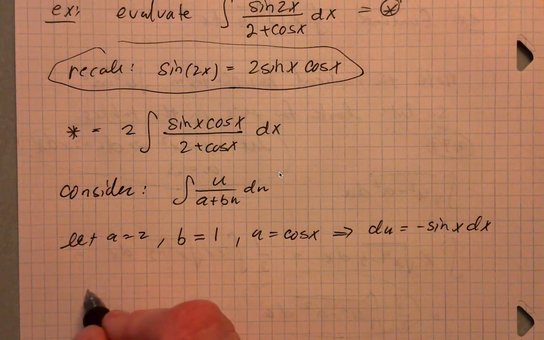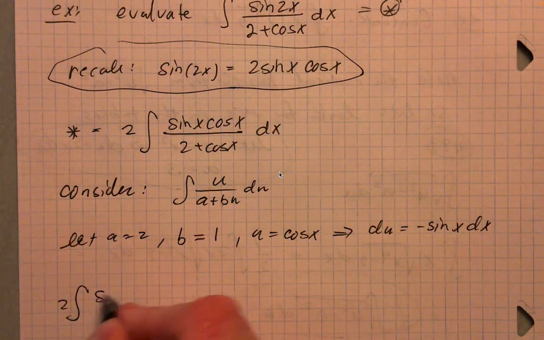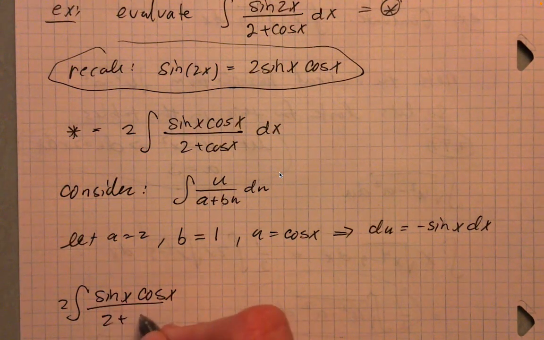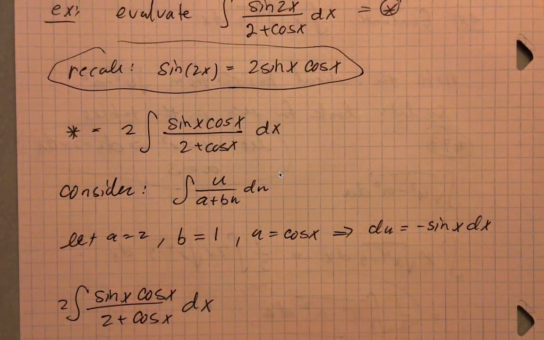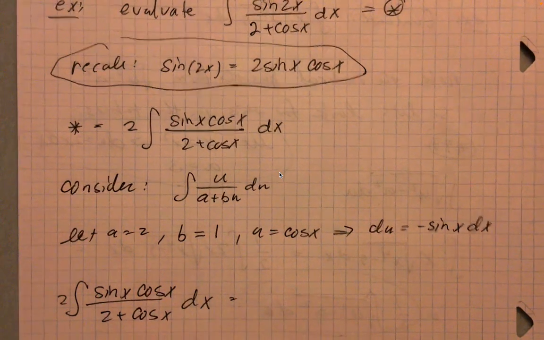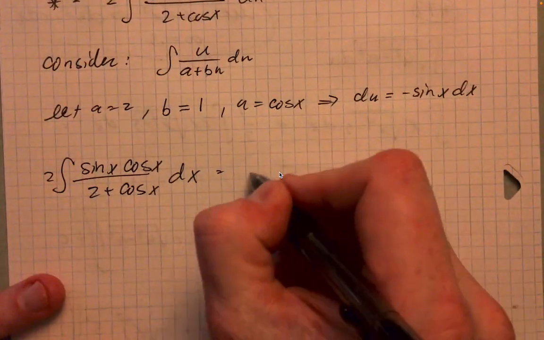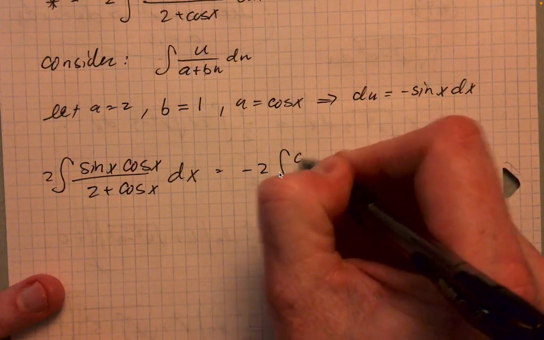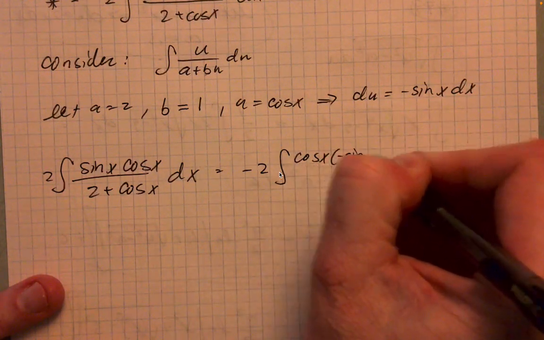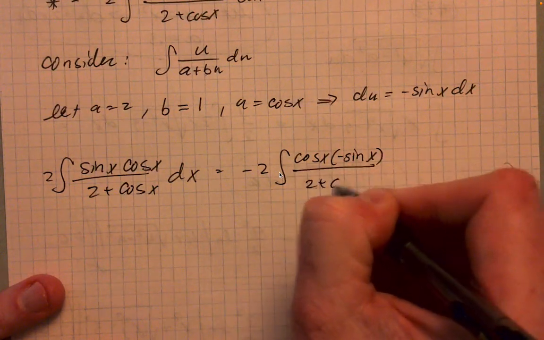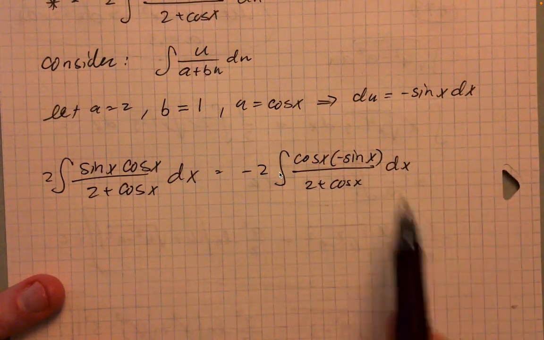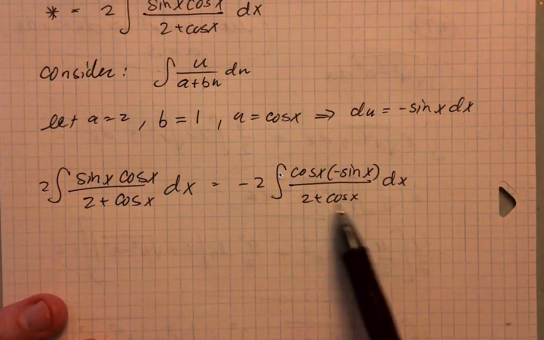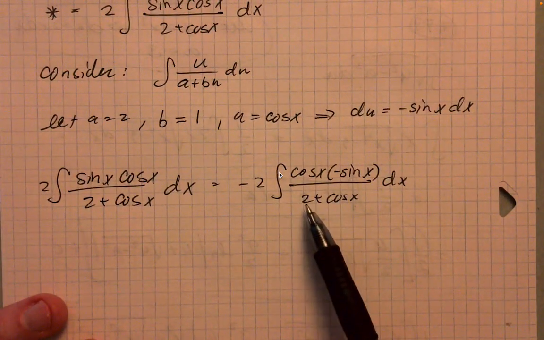So if we have 2 times the integral of sine x cos x over 2 plus cos x dx, we can multiply through by a negative here, and we get negative 2 times the integral of cos x times negative sine x over 2 plus cos x dx. And so now what do we have? Remember, u is cosine, so at the bottom we have the a plus bu.